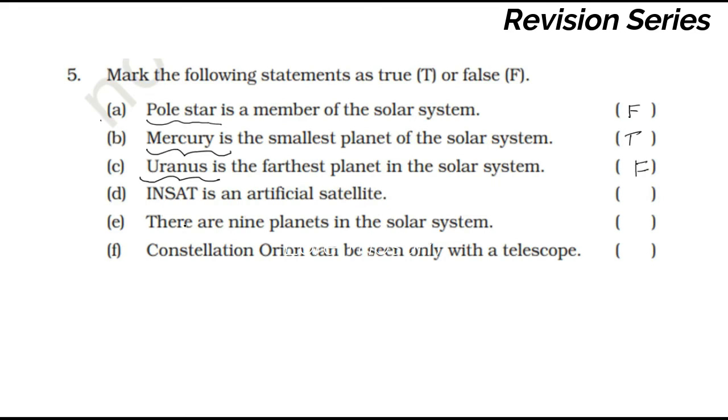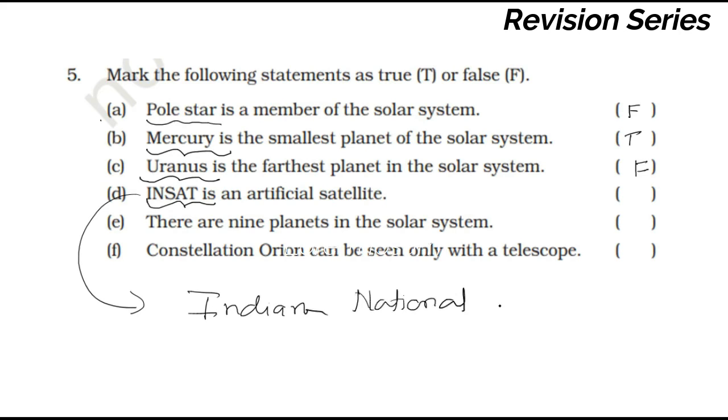INSAT is an artificial satellite. So what do you mean by INSAT? INSAT is Indian National Satellite. So you can write the full form, Indian National Satellite. So this is a kind of system, right?